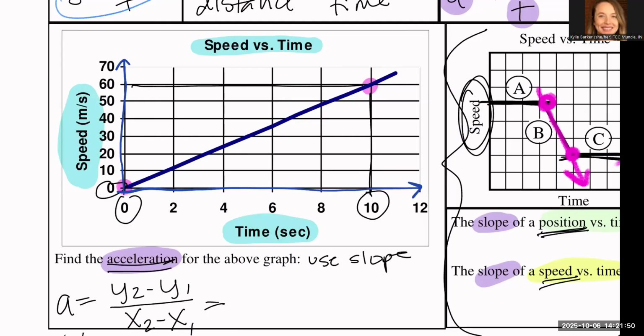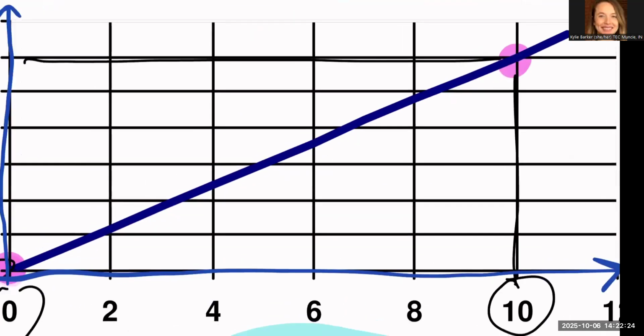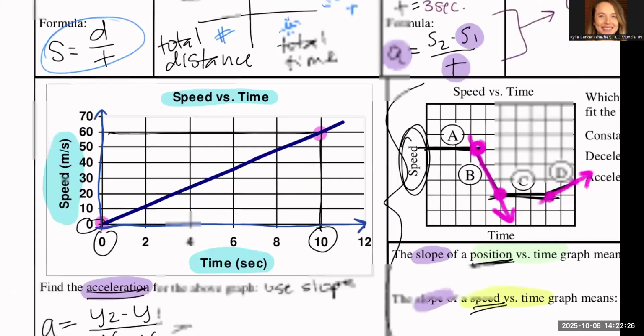Still, it looks like a graph. It's a straight line. I can choose 2 points on it to find the slope. So they ask us to find the acceleration for the above graph. To do that, you're going to use slope. Still the same exact formula, y2 minus y1 divided by x2 minus x1. I chose these 2 pink points right here. There really are not any other good points on this line because like we talked about yesterday, none of them really cross at a place on the graph where we can see exactly what the number is.